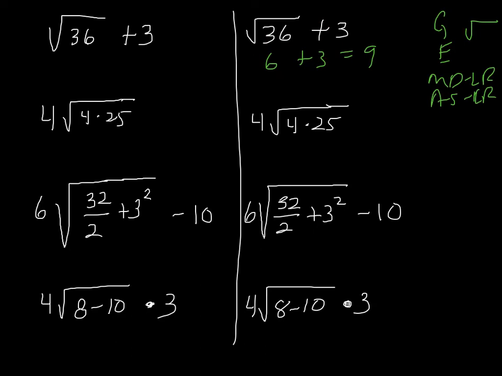The next one, keeping that idea of grouping. This is a group right here. Okay, that's a group. So I'm going to do the inside of the group first. So I have 4 times, excuse me, I don't want to use a parenthesis though. Let me use this square root symbol. 4 times 25 is 100.